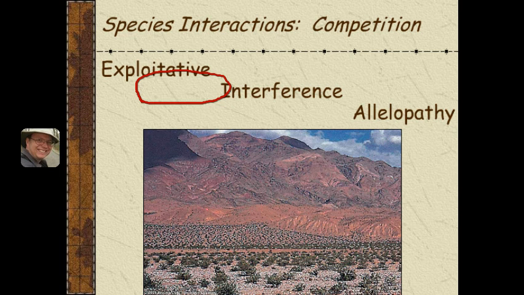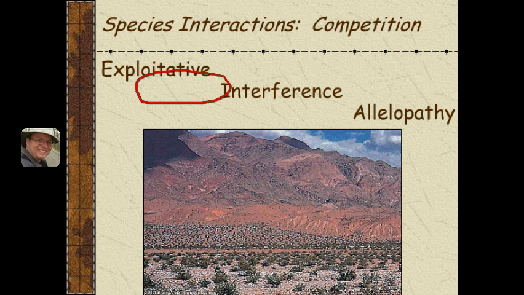And that's kind of what's happening in exploitative competition. You have two species trying to do the same thing in the same place at the same time. If one of them is better at doing those things, then that one is going to get more of the resources, and it's going to do a better job, and the second one's not going to do so well, and it's not going to be able to survive and exist alongside or along with the first species.